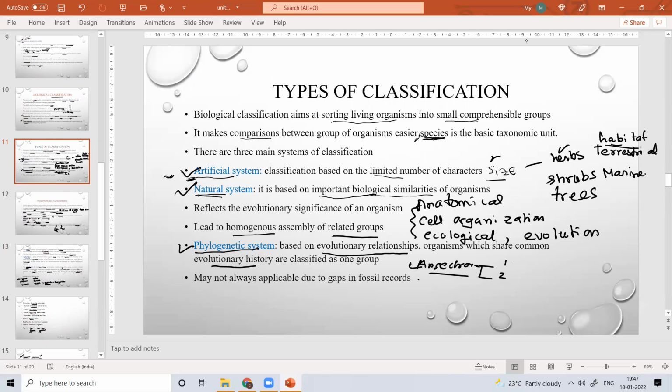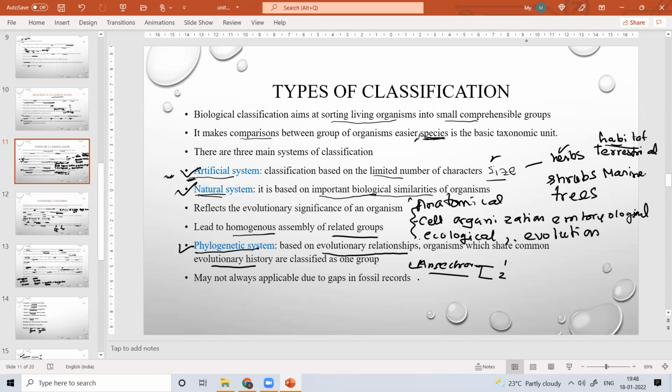That means anatomical features, cell biology features, ecological features, evolutionary relations, and embryological features. All characters are considered to understand the classification of an organism in the natural system.